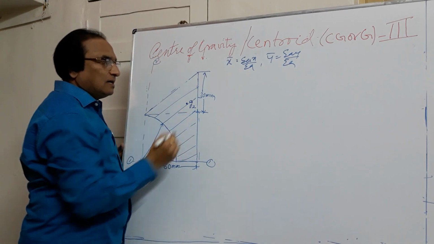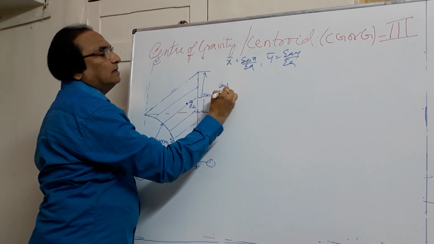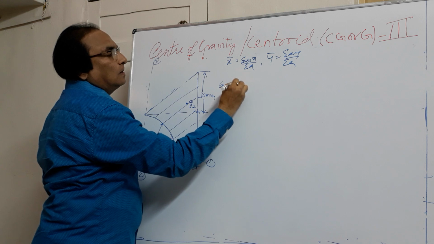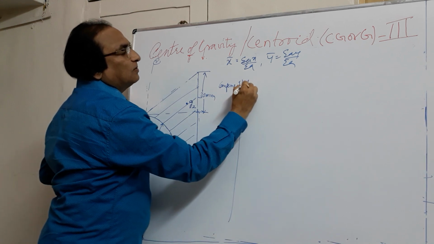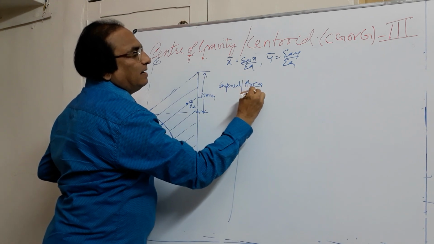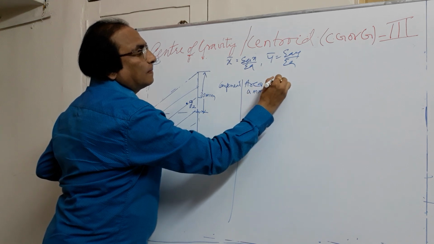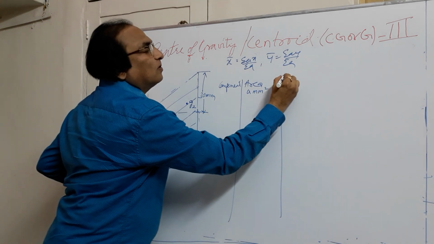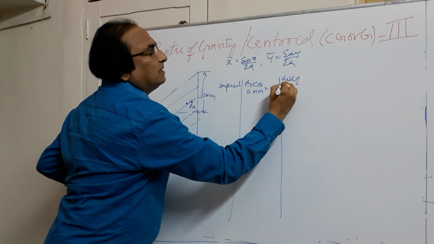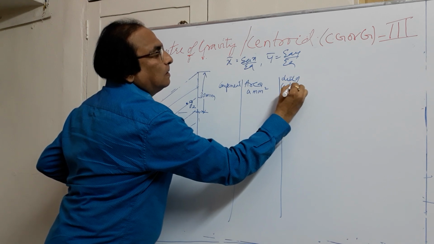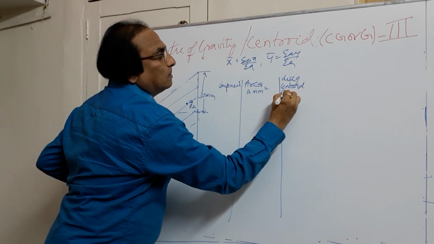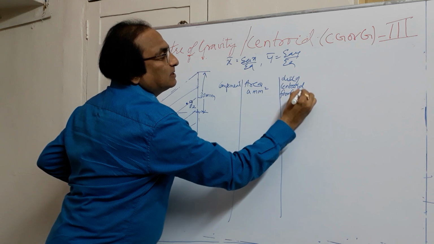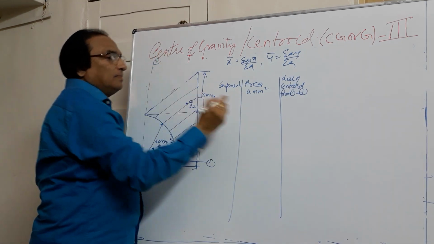So let us draw the table for this component. Then next what we need is the area A mm square. Then we'll go for distance of centroid from 1 1. So whenever we measure from 1 1, the distance will be y mm.